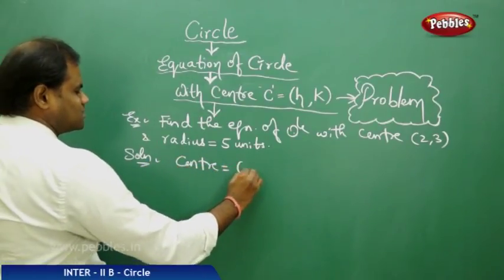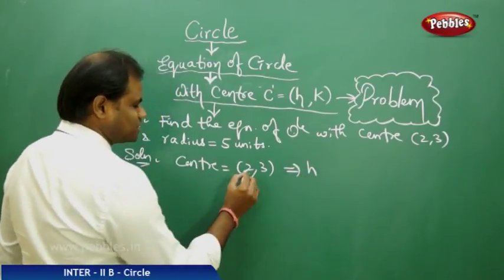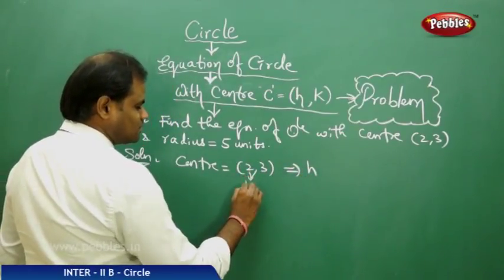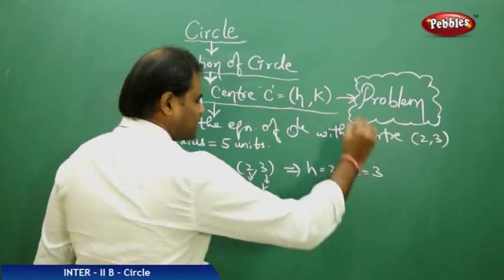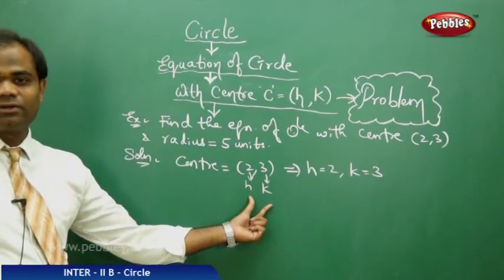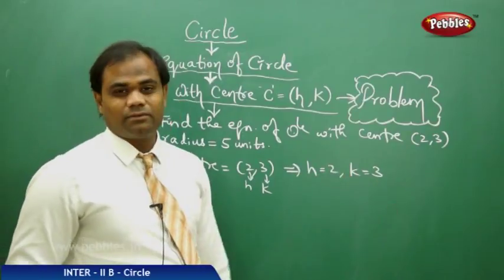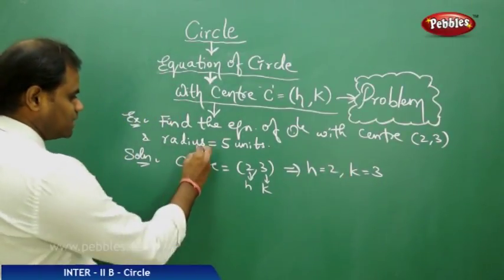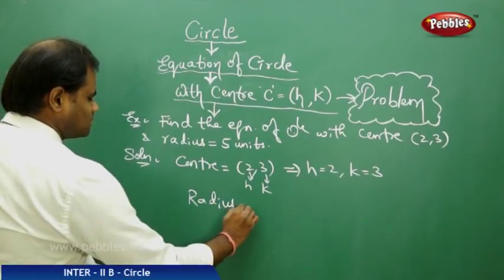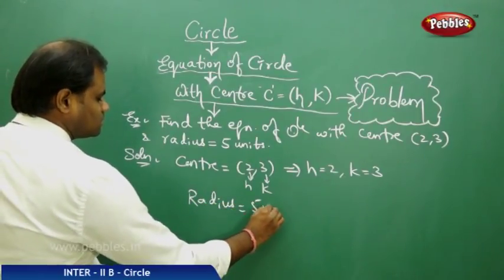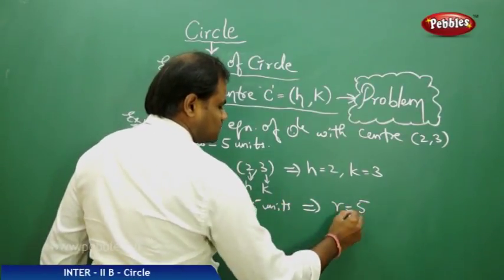So h is 2 and k is 3, the x coordinate being h and the y coordinate being k, and r equal to 5.